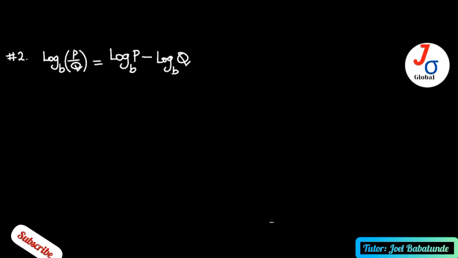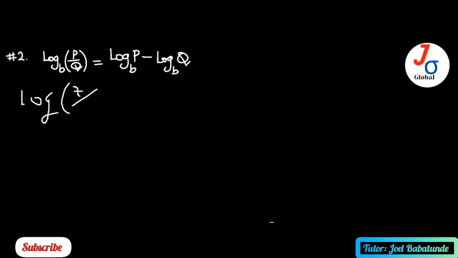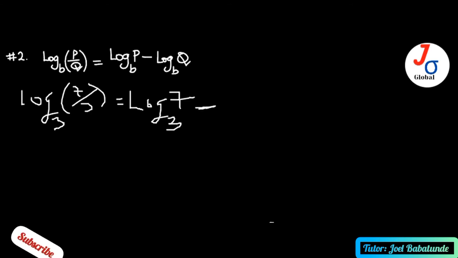So let's say we have log 7 over 3 base 3, and so that's going to give us log 7 base 3 minus, because of the division, then log 3 base 3.